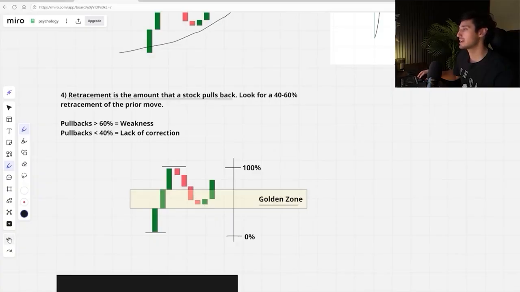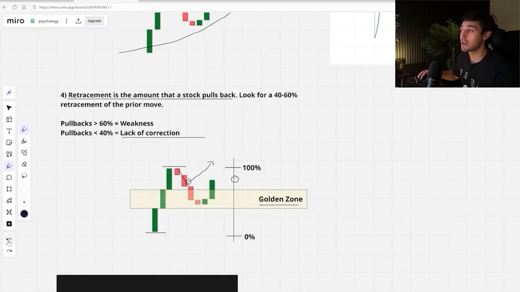And the same thing applies almost in the opposite way if it's under 40%. So let's say a stock pulls back here, right, into this area. That shows lack of correction. And, just through my experience, when you have a very shallow retracement where it's not into this golden zone, where it's like 20% retracement or 30% retracement, whenever it attempts to move higher, it fails because it just hasn't corrected enough.